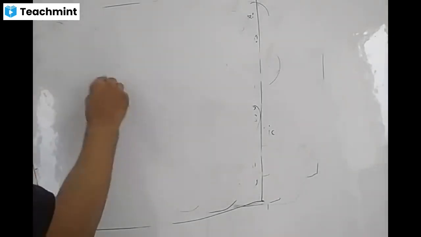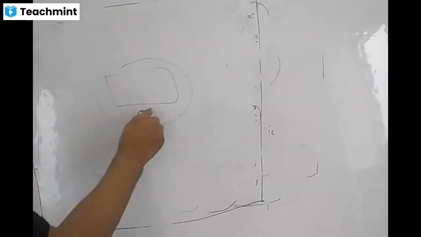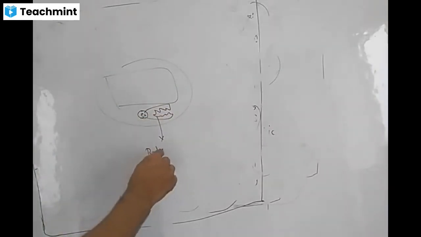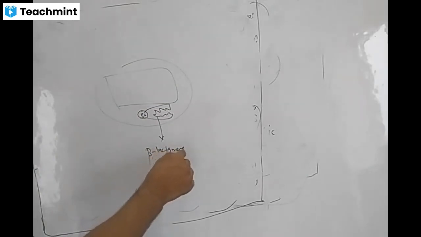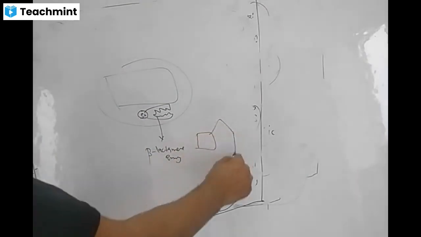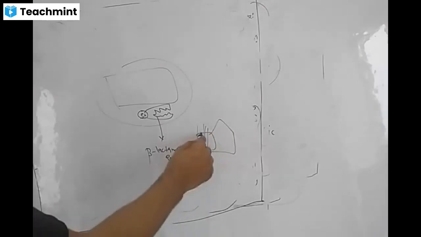Then some gram negative bacteria synthesize and secrete beta lactamase enzyme. This will destroy our beta lactam ring, our beta lactam molecule.